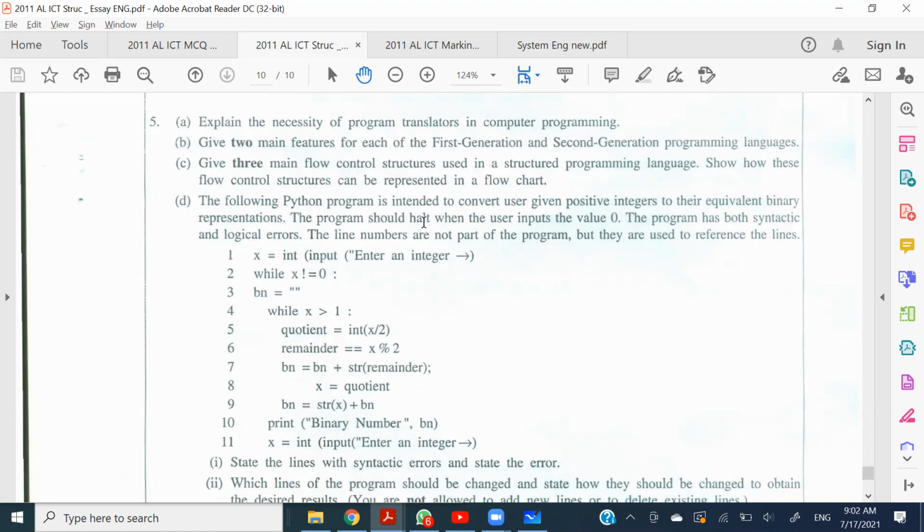A compiler will convert the entire code at once into machine code, then it will run and check for any errors, and an interpreter will convert the high level language code, the source code, line by line into machine language, and it is converted and executed. So if you find any error in the middle of the conversion, the program gets stopped, right?